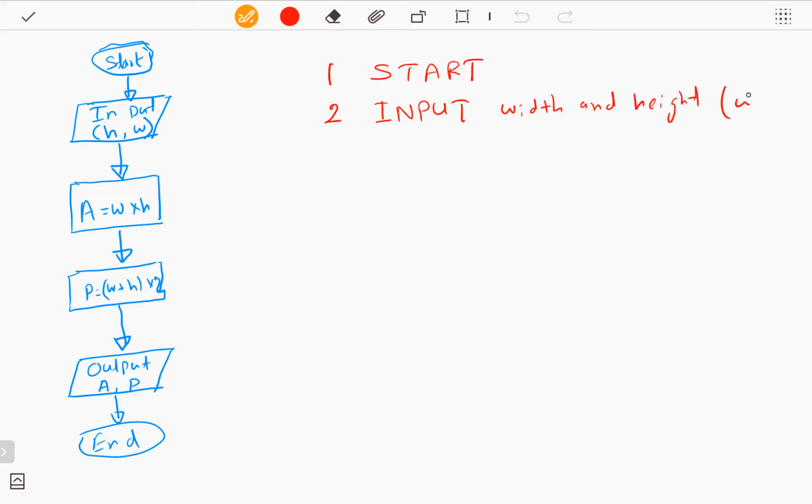Here within brackets say W and H. Right. Then the third step. Yeah, it is a process. Therefore, what are the words you can use to represent the process? Calculate or process. Here, CALCULATE.